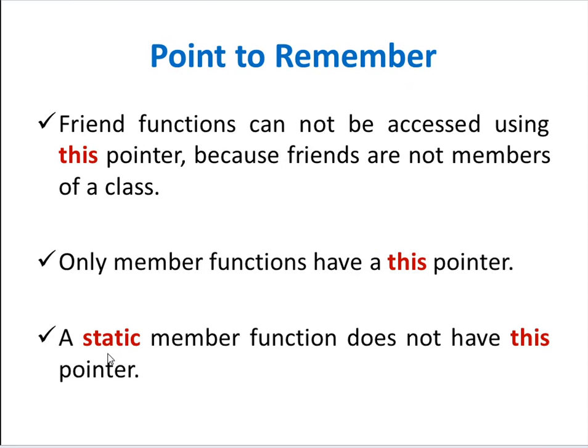A static member function, if we declare something static in a class, does not have the this pointer, because the this pointer is for individual objects, but a static member function is a single copy created for all objects.